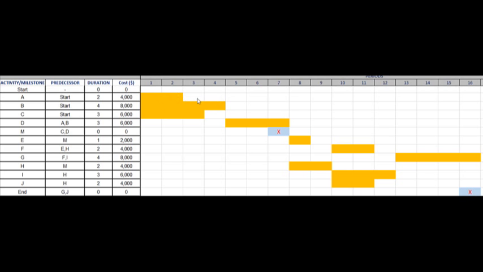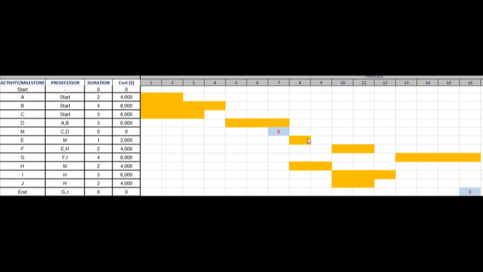I can start this in period 2 or I can start it in period 3 without impacting the beginning of activity D. Similarly, I can start activity C in either period 1 or in period 2 without impacting the start of D. Now, as we go a little bit further down here, I see that E is 1 period in length. So my critical path is going to be between F, H, or F, I, and J.